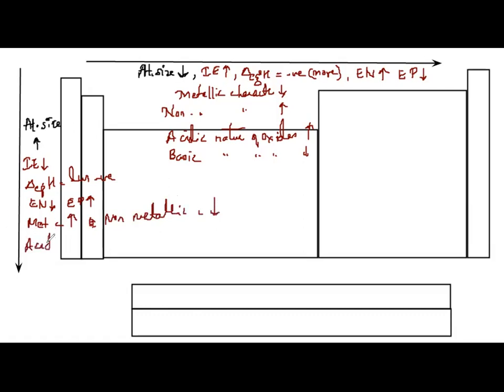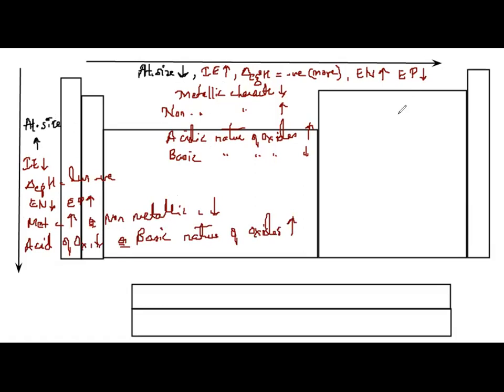Acidic nature of oxides decreases, or basic nature of oxides increases as you move down the group. So these are the variations in the periodic table.